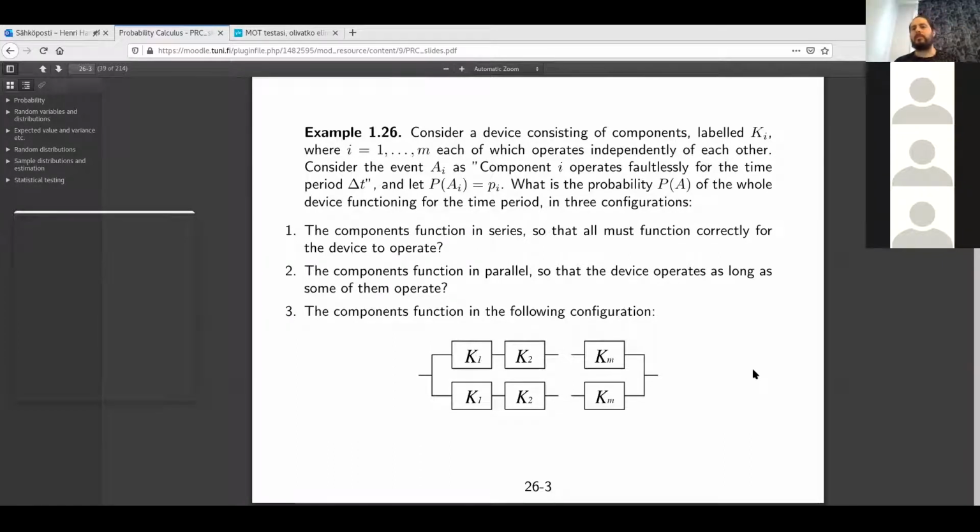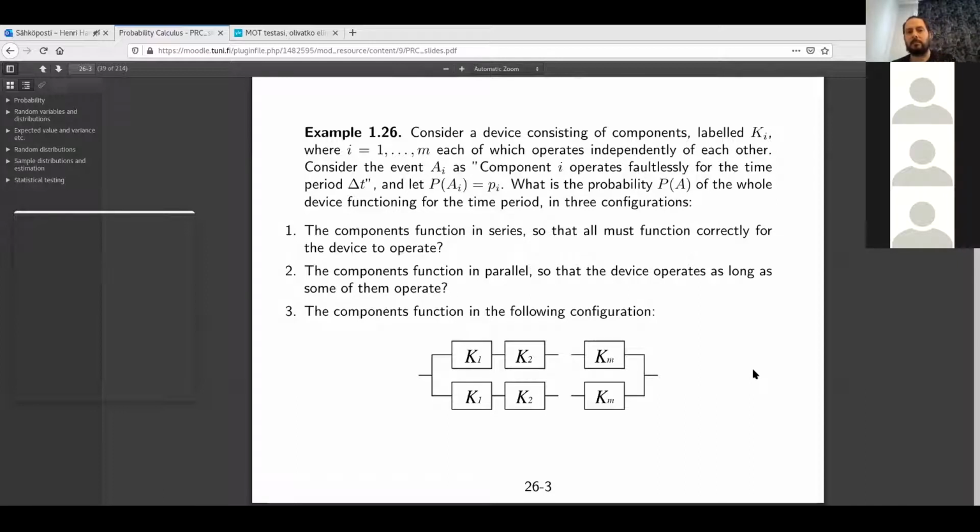Another possibility: the components are functioning in parallel. As long as one of the components works well and we get an output that is fine, the machine is considered operational. So the device operates as long as at least one of these components is operational.